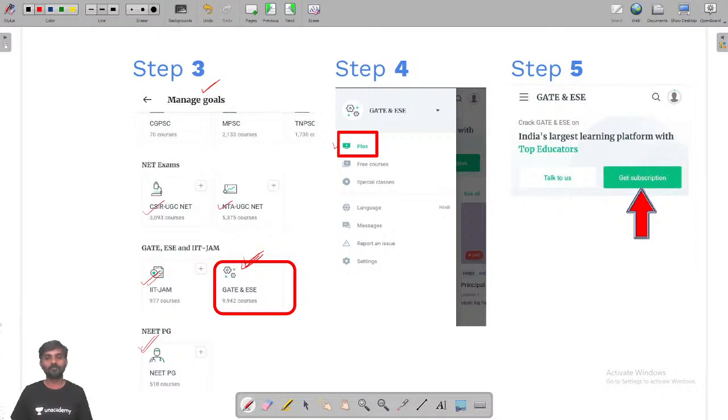In step 4 you can select something called Plus. As I told you, the advantage of having Plus is you will have one-to-one interaction with the faculty members, and many experienced faculty like me are also available on Plus. Many other courses are also available. Once you get Plus, you can write exams. As I told you, GATE is not just about studying.